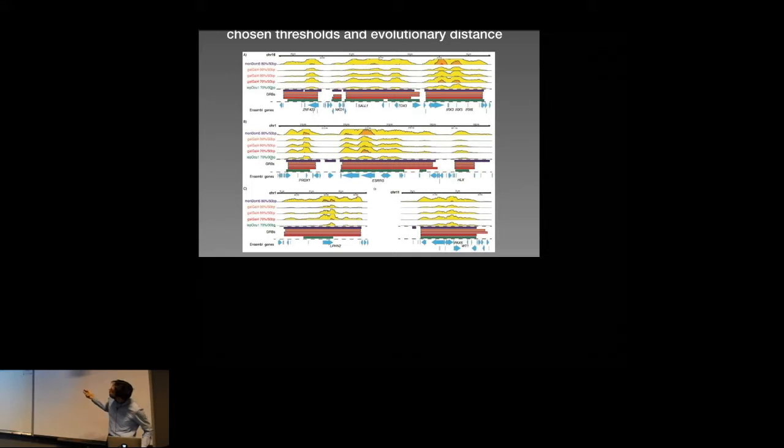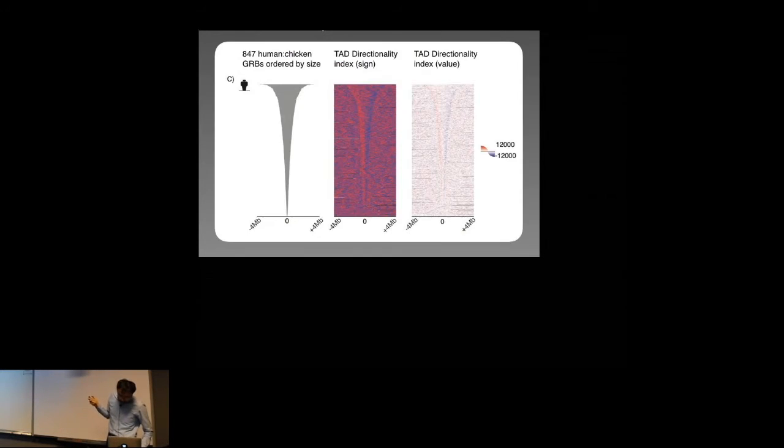We just took all these, for example, one set from between human and chicken, and ordered them together by size, and in the same heat map view, we showed completely independent topologically associating domain data.